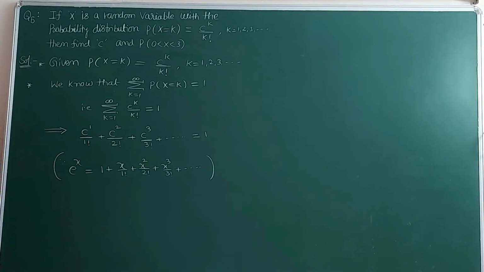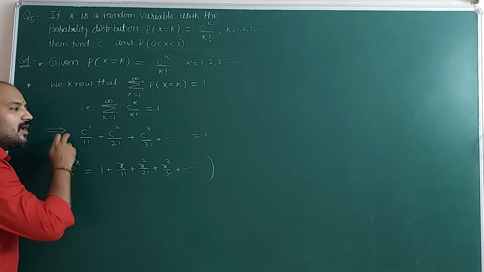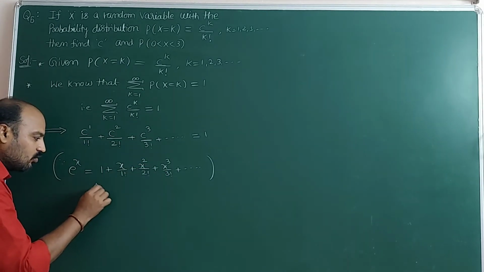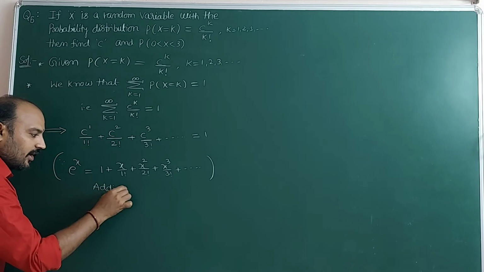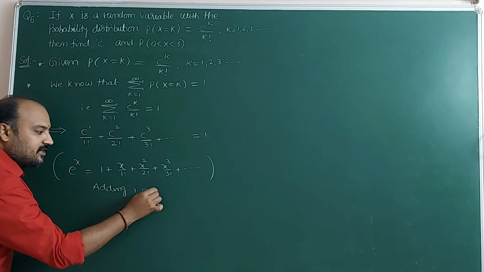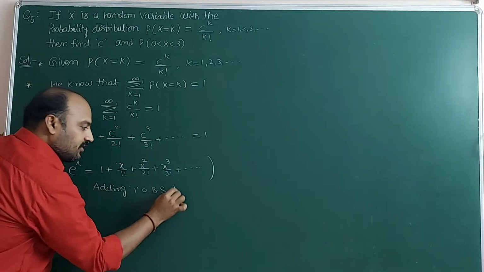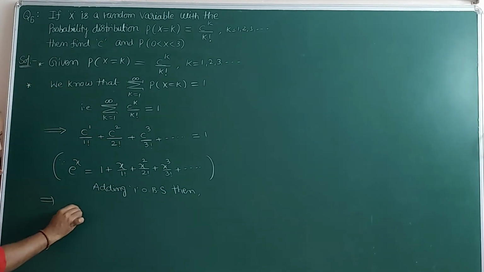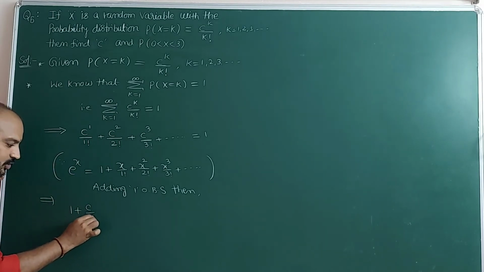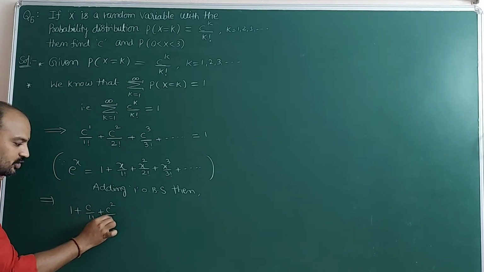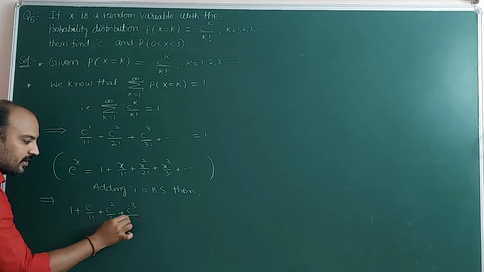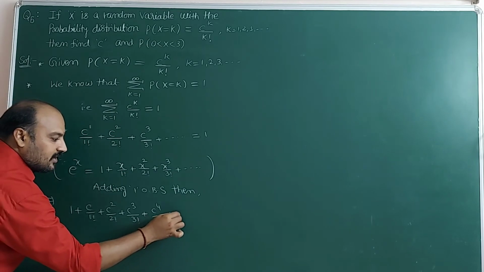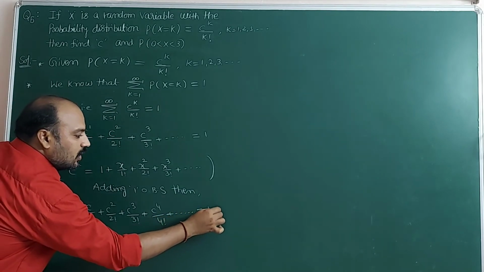So what we have to do is, for this series, we add 1 on both sides to get the series form. Adding 1 on both sides, it becomes 1 plus c by 1 factorial plus c square by 2 factorial plus c cube by 3 factorial plus c power 4 by 4 factorial plus and so on is equal to 1 plus 1.